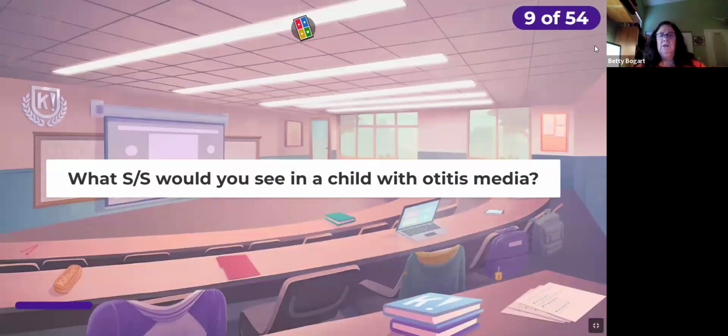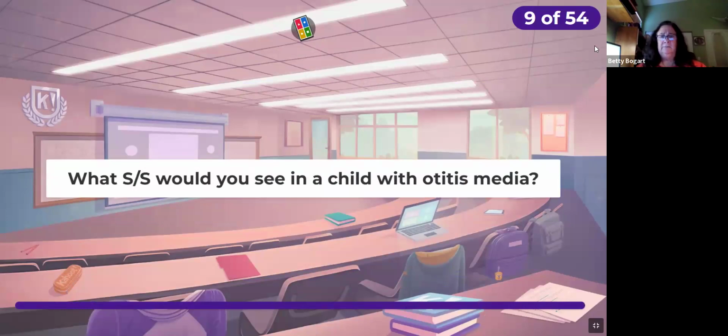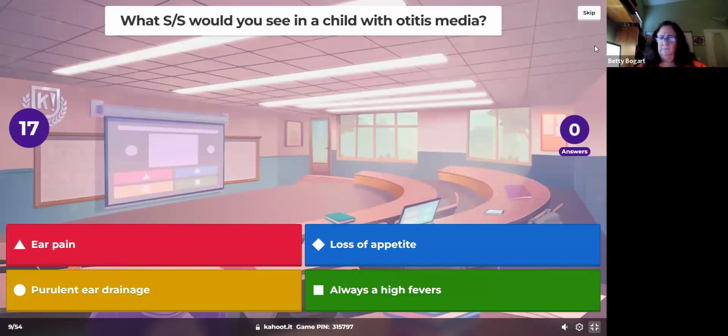A multi. What signs and symptoms would you see in a child with otitis media? What's otitis media?